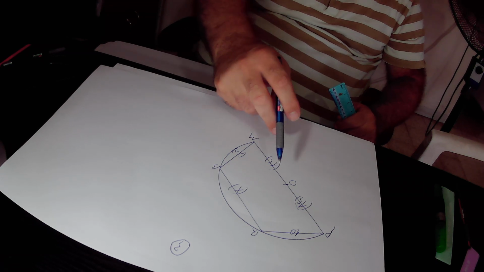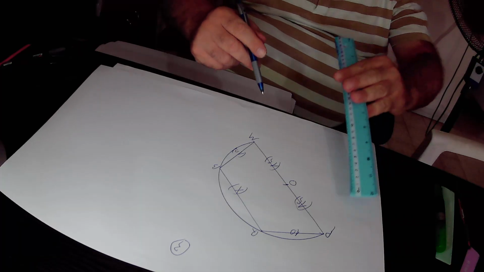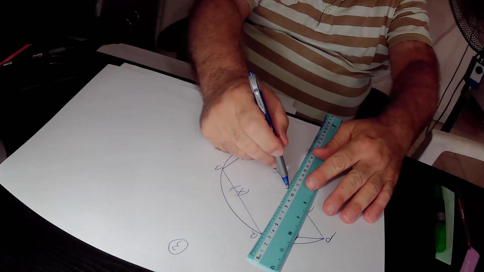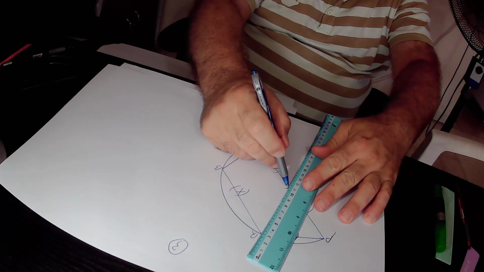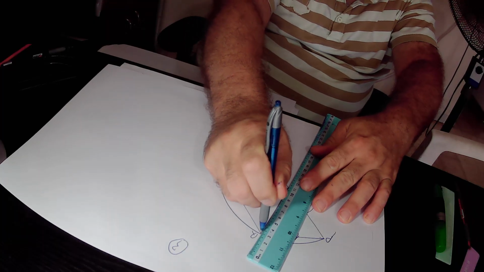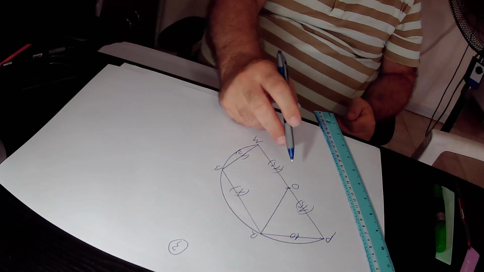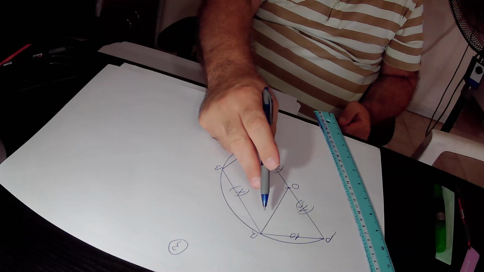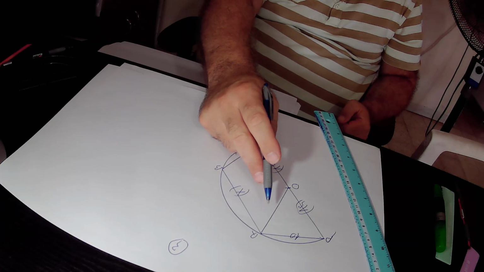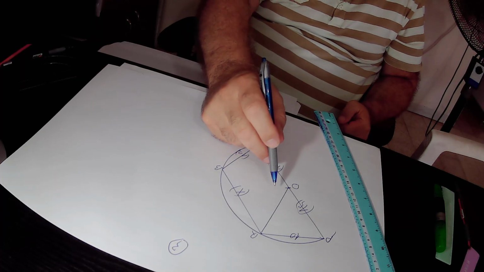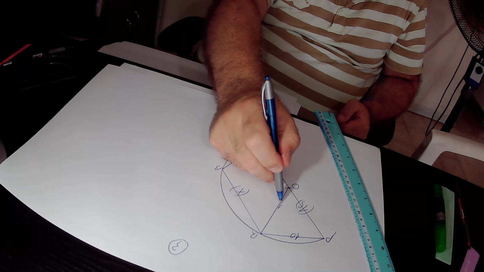We join points O and Q together by a straight line. Point O is the center of this semicircle, point Q is a point on the semicircle itself, therefore OQ is the radius of this semicircle, which is equal to 15 units in length.